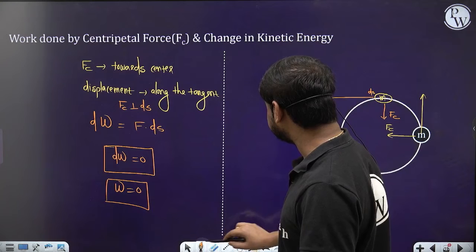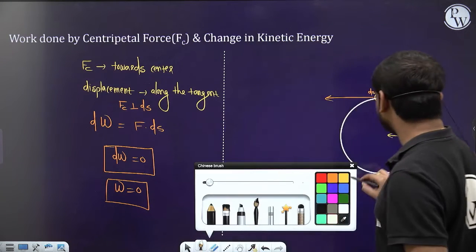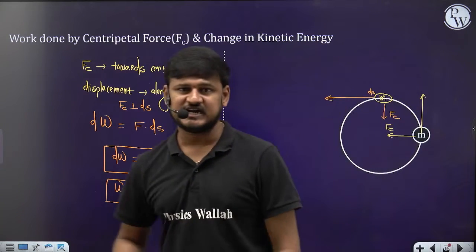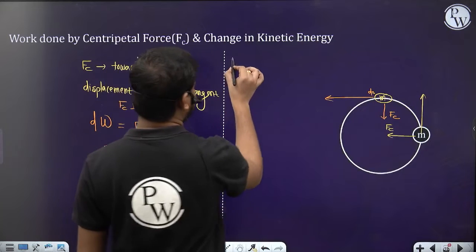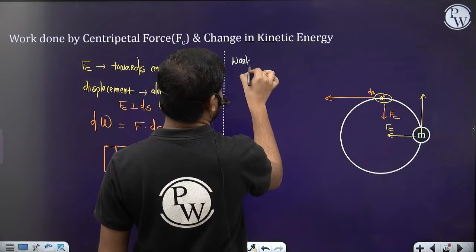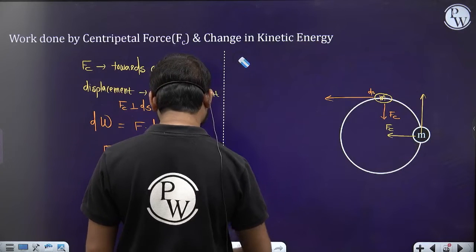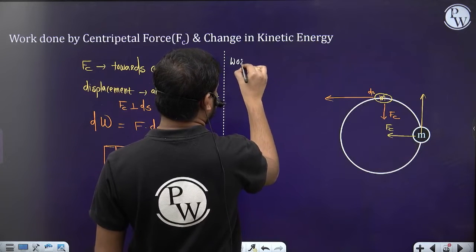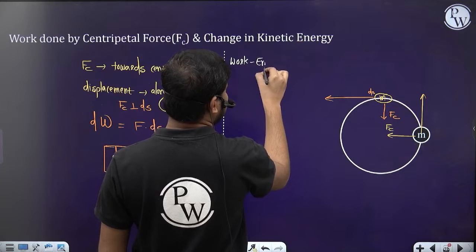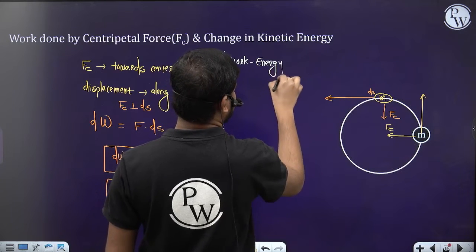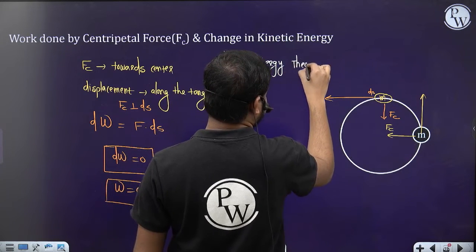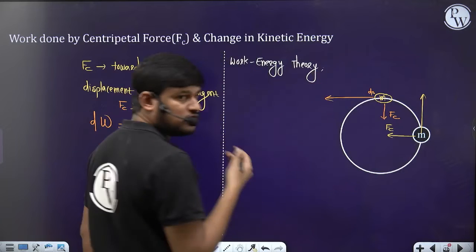Now, what is the change in kinetic energy? As per the work energy theorem, which you studied in grade 9th, the work done is equal to the change in kinetic energy. We'll study it again in the work energy power chapter, but you already know the basics.